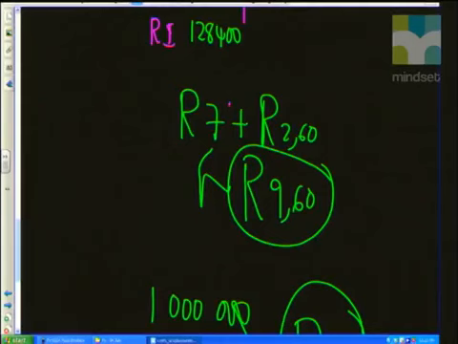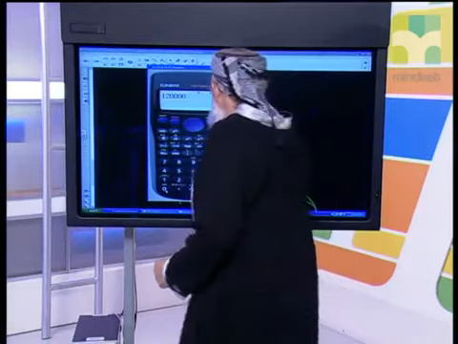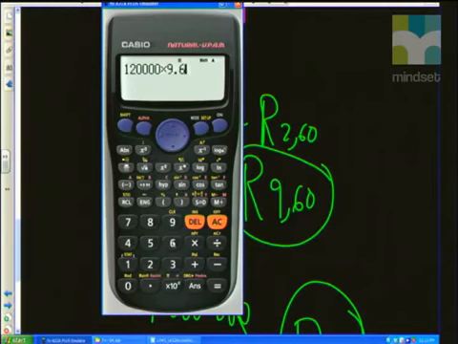Let's do a test. 120,000 shares were repurchased, correct? In terms of my information, 120,000 shares times 9.60 per share gives me a value of 1,152,000.